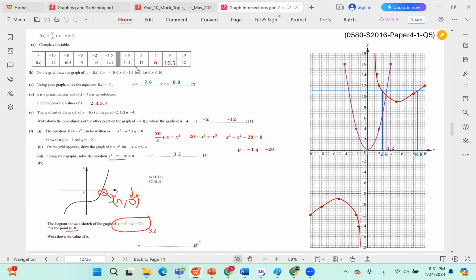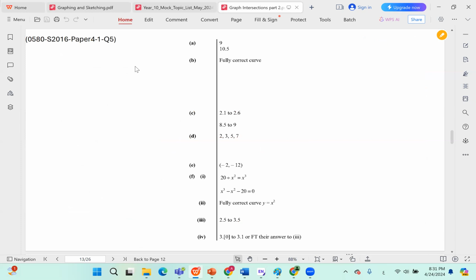So the value that we got here must be the value of n without any calculation again. All we have to do here is just understand that n is equal to 3.2 as well, because it is the solution of the equation. These are the correct answers, and they are similar to the ones that we got.